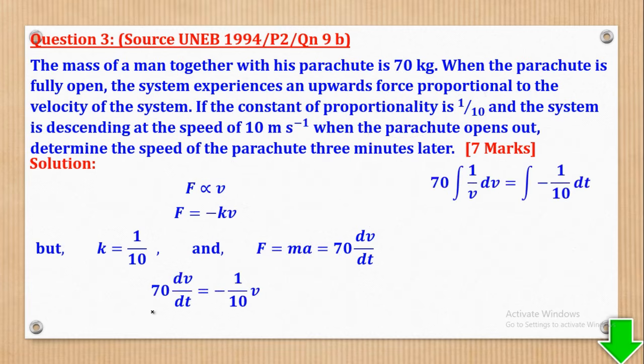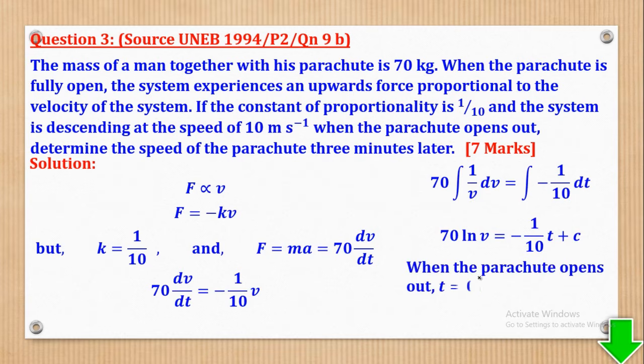Now this is a separable differential equation, so separate variables and put integrals on both sides. When I integrate, I'll come up with this is that and this is that plus the constant c. So when the parachute opens out, t is equal to 0 and v is equal to 10. So I'll come and substitute for t and v.